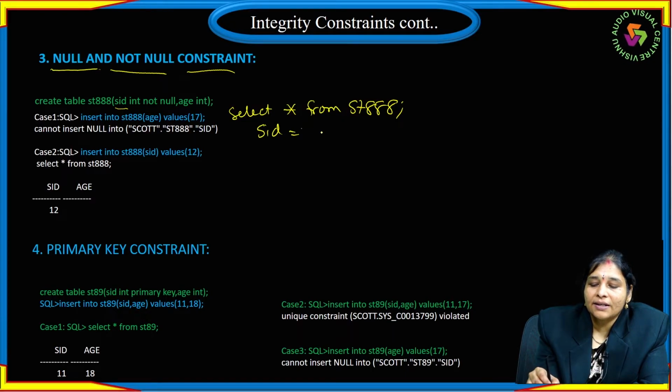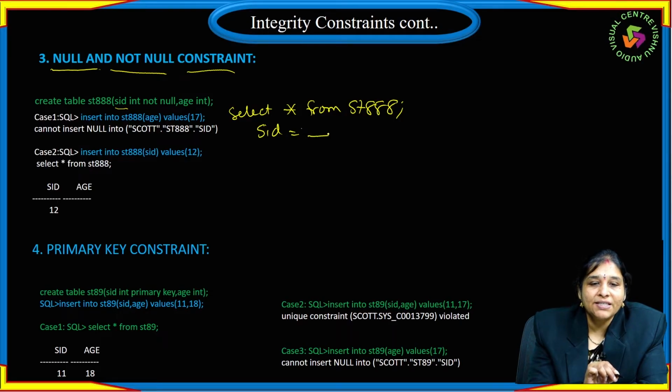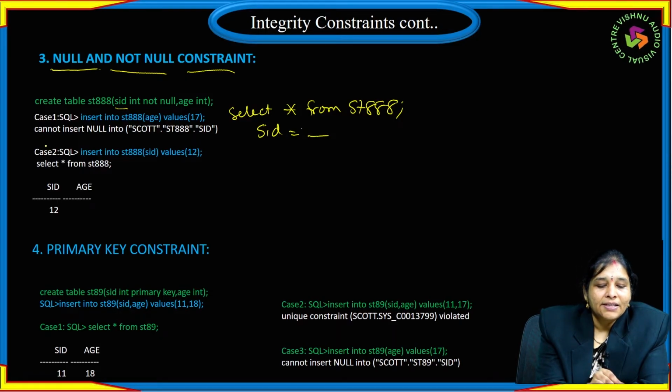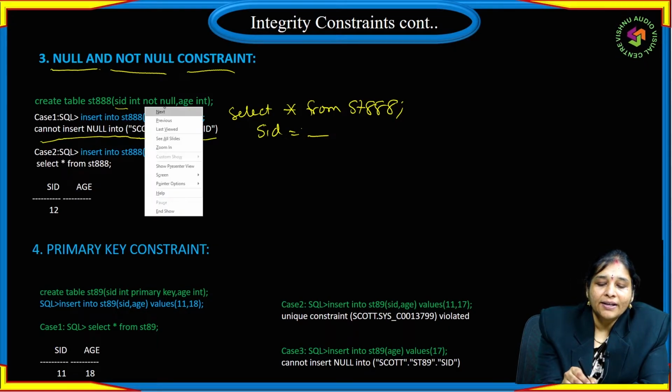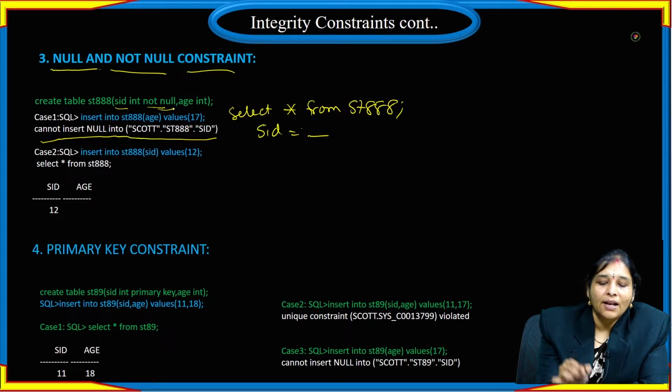I have just left it empty, which means null. Then immediately it says, when I execute this statement, cannot insert null into Scott ST888 SID. Why is it saying so? Because I have declared this field as not null.